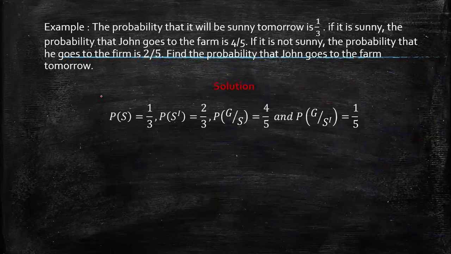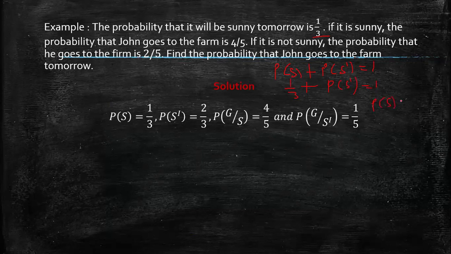So we are summarizing the information first. Probability of S, sunny, is a third. If it is not sunny, it will be 2 out of 3. The logic is simple. Just equate this to 1 and then say a third plus probability of S prime is equal to 1.